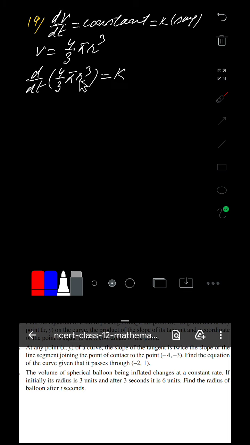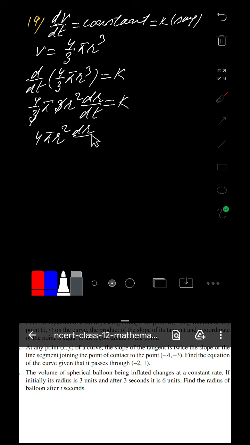Differentiating 4 upon 3 pi r cube with respect to t, we get 4 upon 3 pi into 3r square dr upon dt is equal to k. So this 3 is cancelled by this 3, and we have 4 pi r square dr upon dt is equal to k. Transposing dt to the right hand side, we have 4 pi r square dr is equal to k dt.